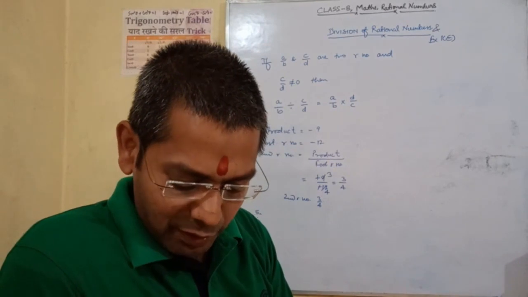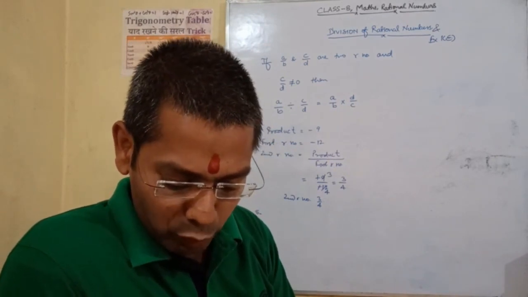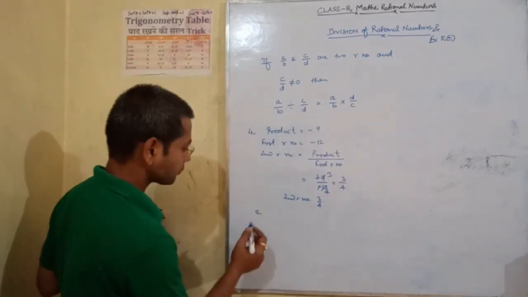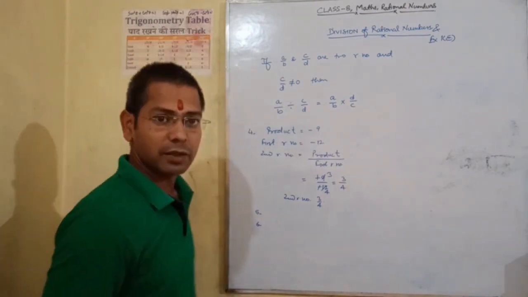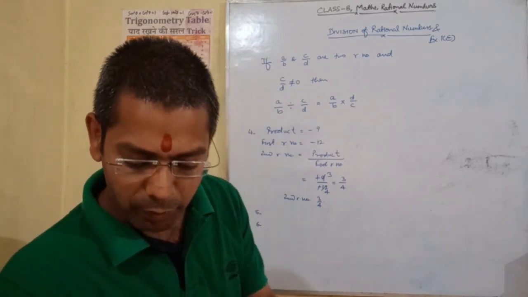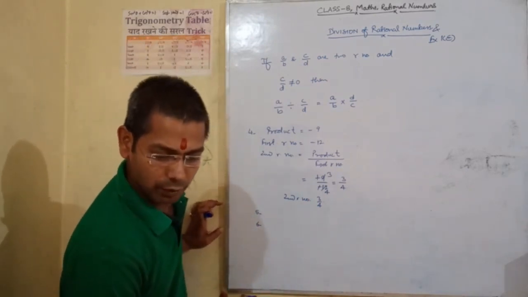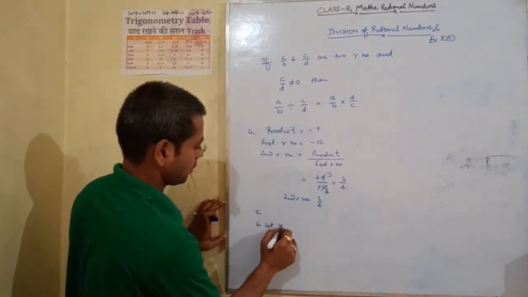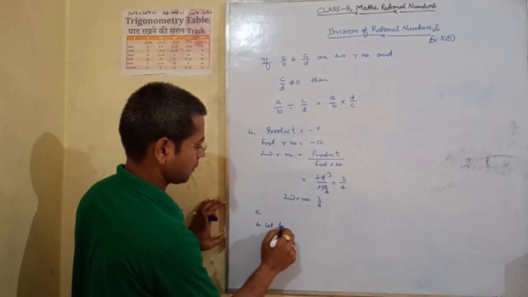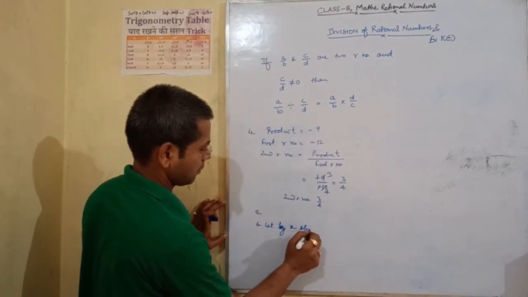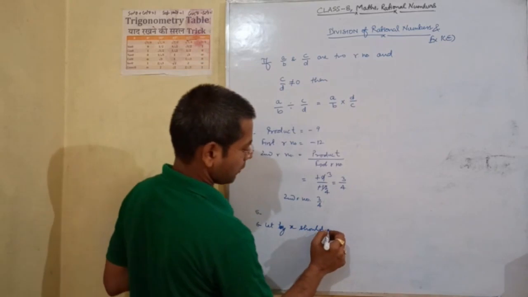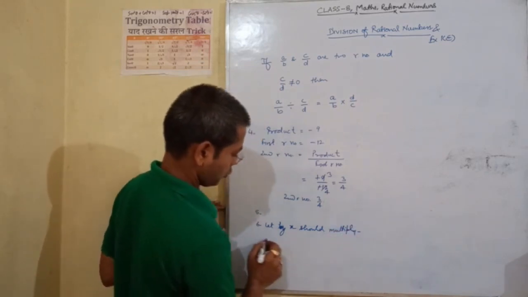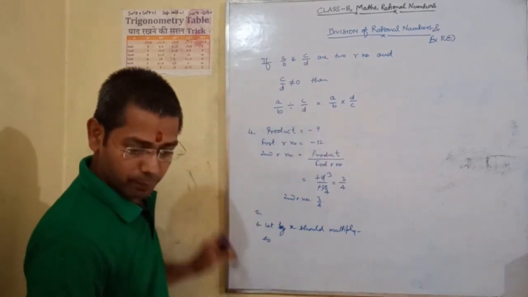6. By what rational number should we multiply minus 15 upon 56 to get minus 5 upon 7? It is asking us by what rational number should we multiply minus 15 upon 56. So let it be x.